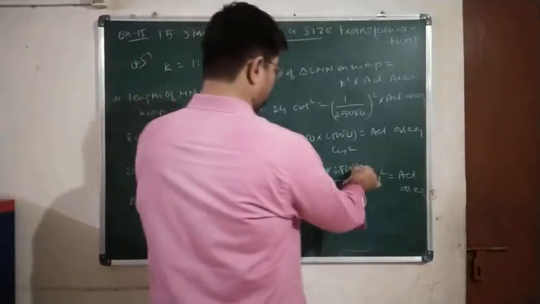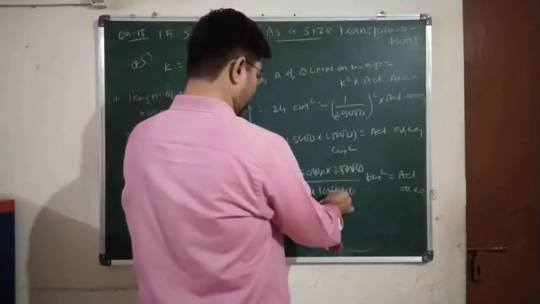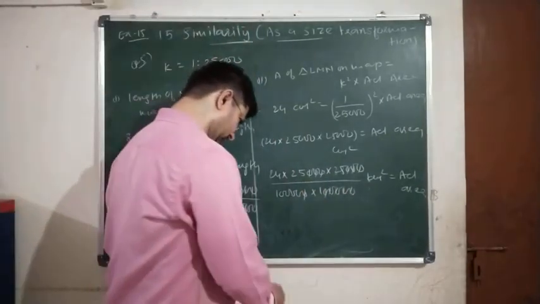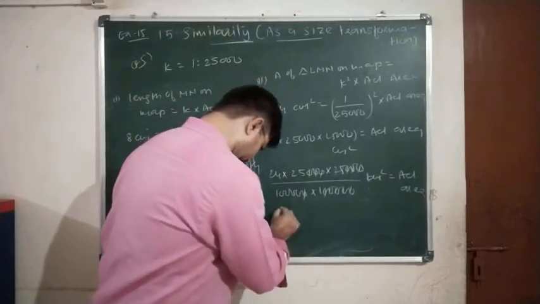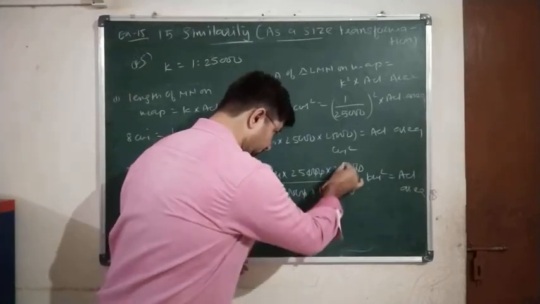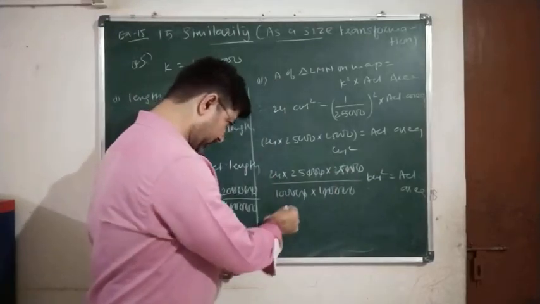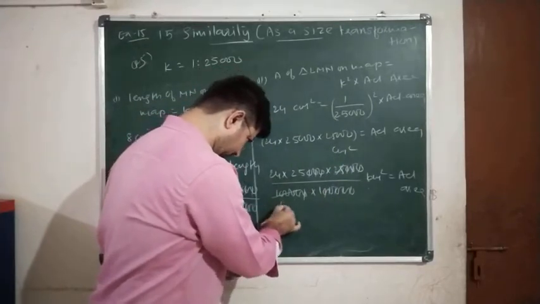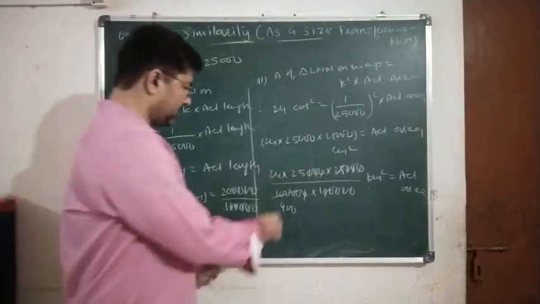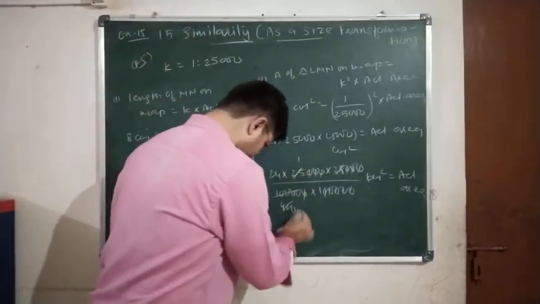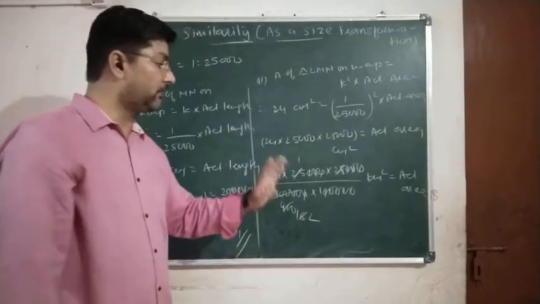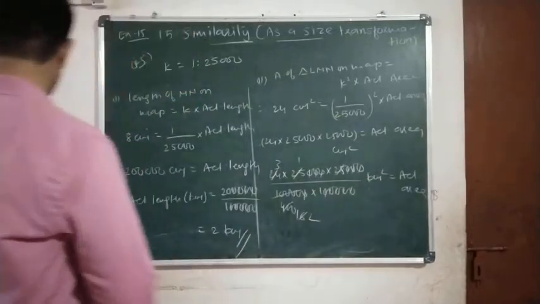So now cancelling the zeros: 25 into 25 into 24, let me reduce this. 10,000, 25, 400s; again 25 also, 16s; then by 8, 8 3s are 24, so we are left with 3 upon 2 square kilometer. Yes or no? Actual area.